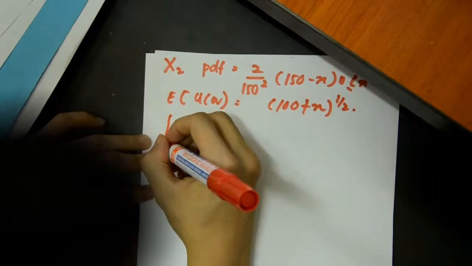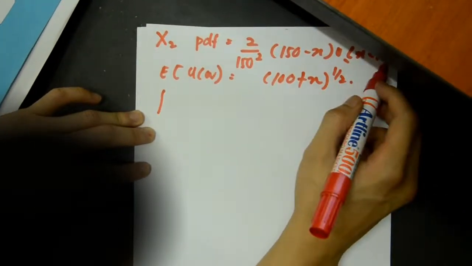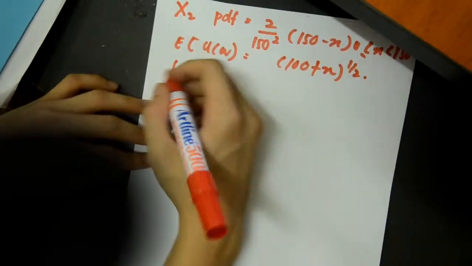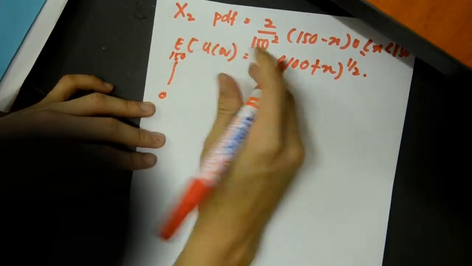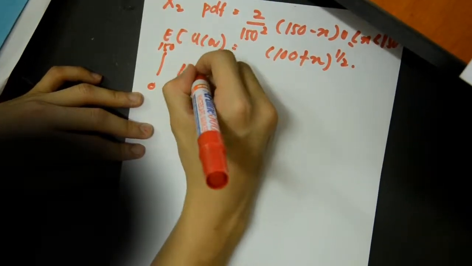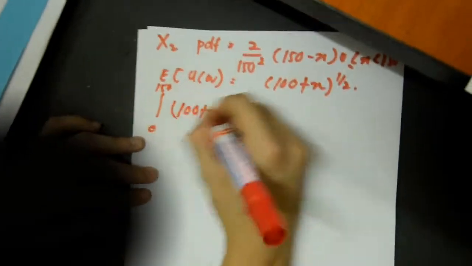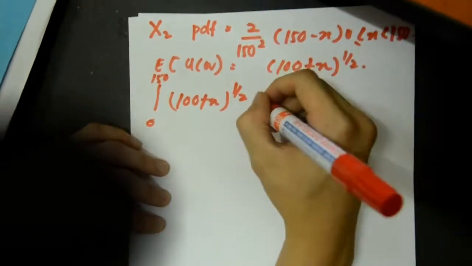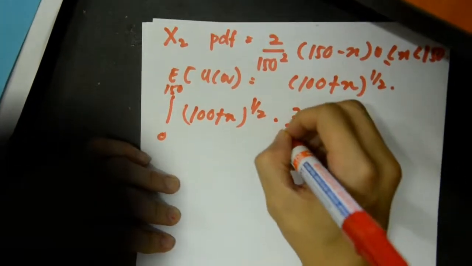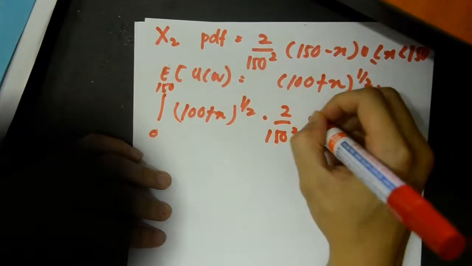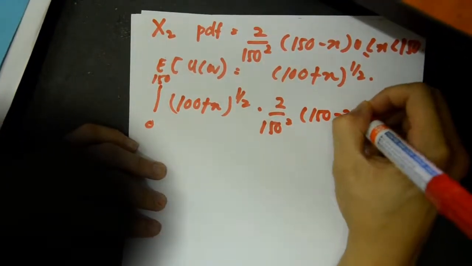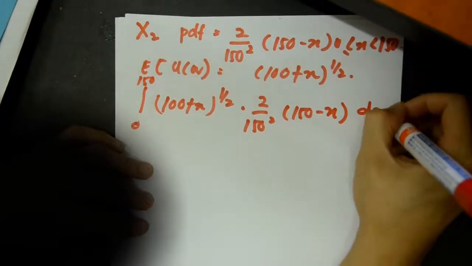So you have to integrate with the limits from 0 to 150: the utility function (100 plus x) to the power of 1/2, multiplied by the PDF, 2 over 150 squared times (150 minus x), with respect to x.